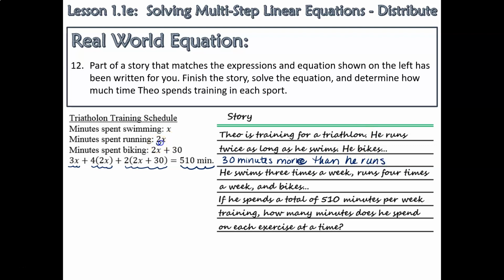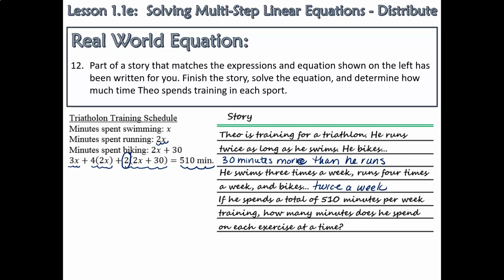Because running is 2x and he bikes 30 more than 2x. He swims 3 times a week, he runs 4 times a week, and bikes twice a week. You can find that right here in front of the expression for minutes spent biking.